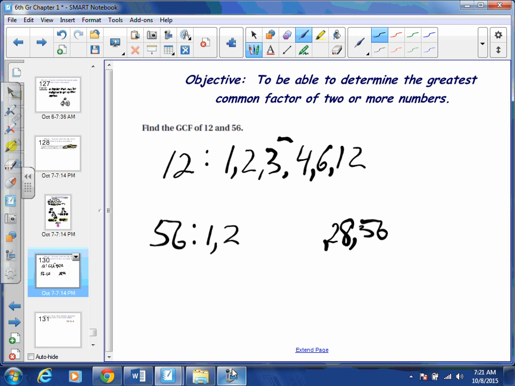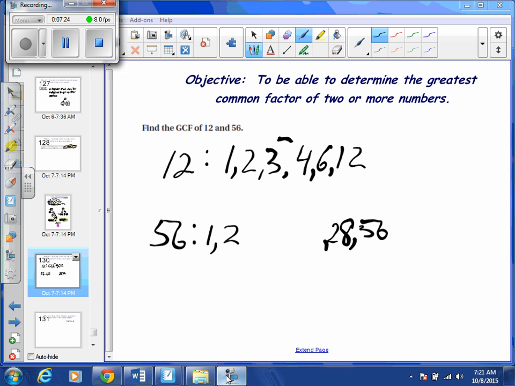Does 4 go into 56? 4 goes into 56 14 times. 5 does not. How about 6? 6 does not. How about 7? 7 times 8 is 56. So there I really had to think about my multiplication facts and which would work.